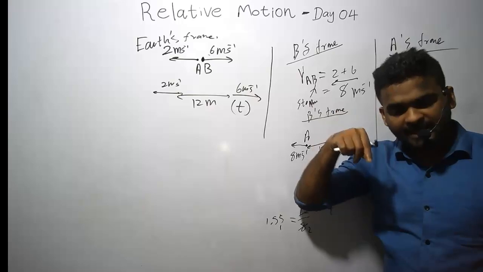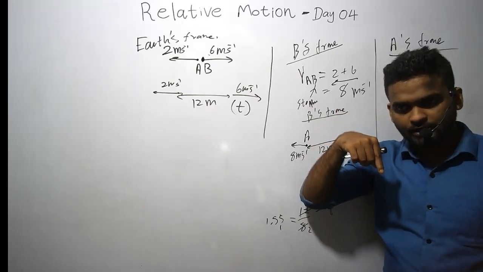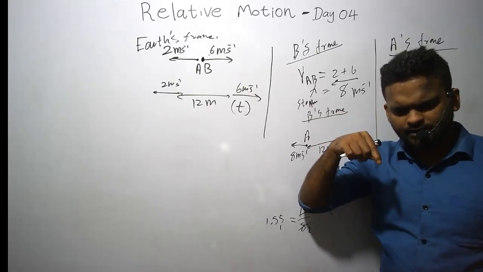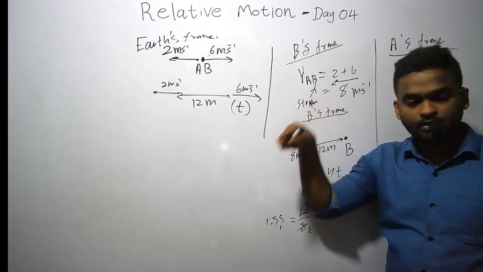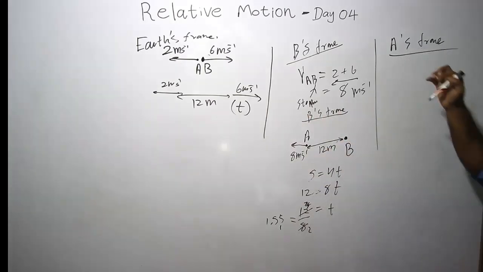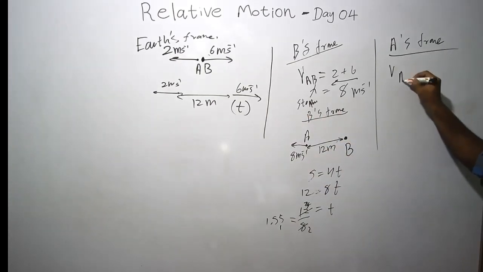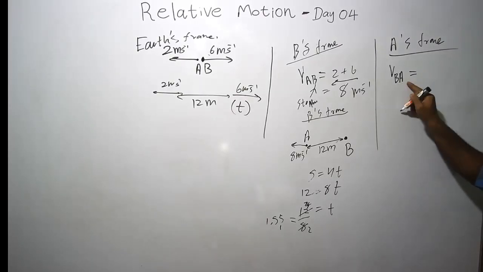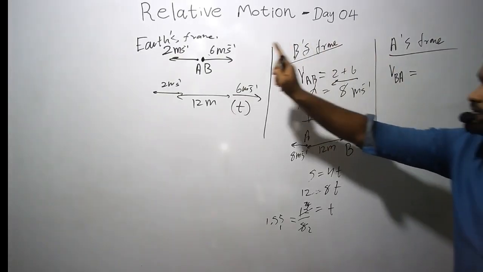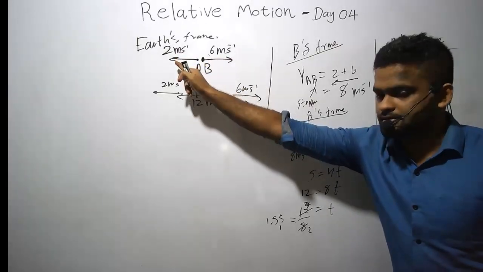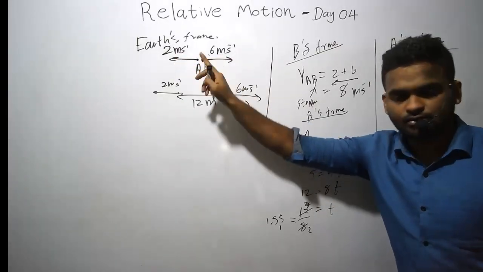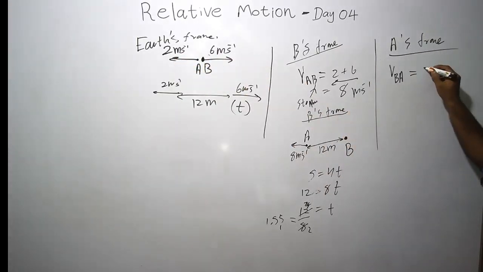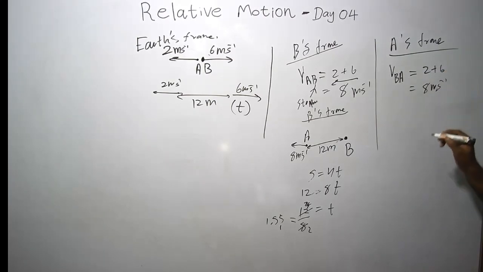In order to make A stop, you need to get velocity of B relative to A. Relative to A velocity of B. What do you get? Since the objects are moving to opposite directions, you just have to add these two, right? Here also add these two. 8 meters per second.